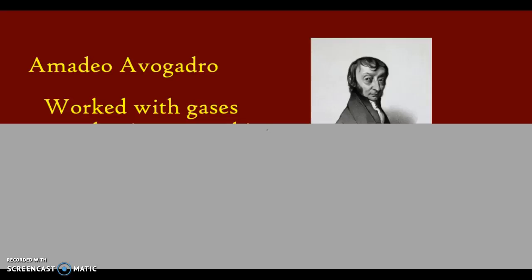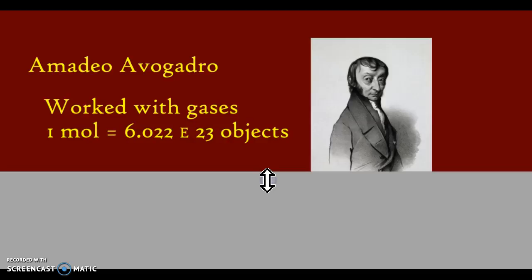Using gases, he determined that a mole is an amount of objects equal to 6.022 times 10 to the 23rd of those objects. So it's actually a longer number than that. We just rounded to 4 places. So if I had 6.022 times 10 to the 23rd objects, I would have a mole of those objects.